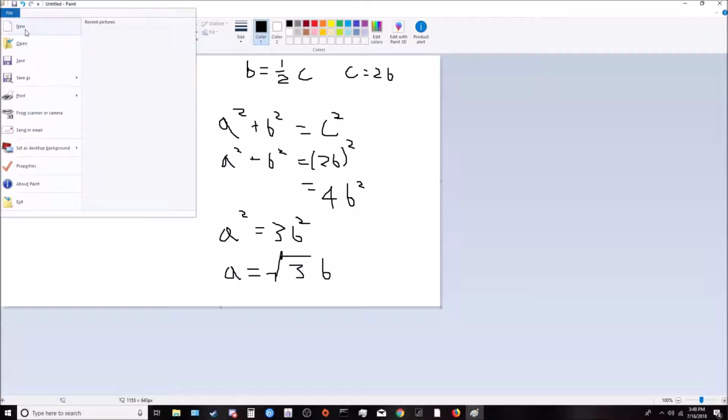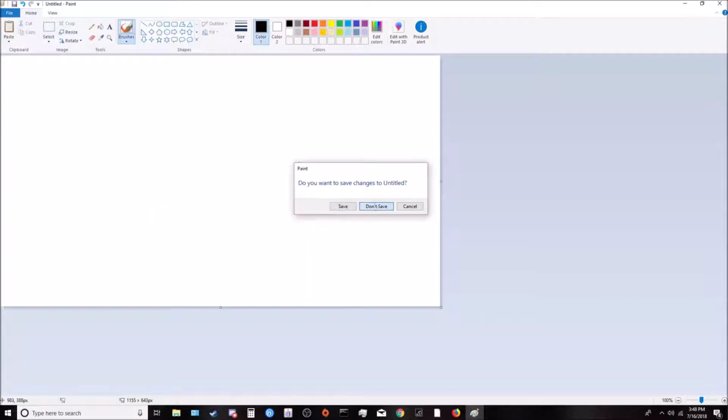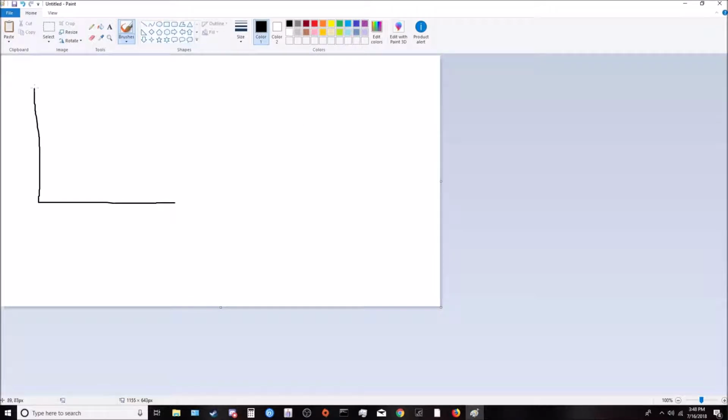Now, to finally summarize, I'm just going to write all the triangles out with their respective angles and ratios so you can get the full picture. Here we have the 45, 45, 90 triangle, where both these angles are equal to 45 degrees. The ratios of their sides are 1 to 1 to root 2, root 2 being the hypotenuse.